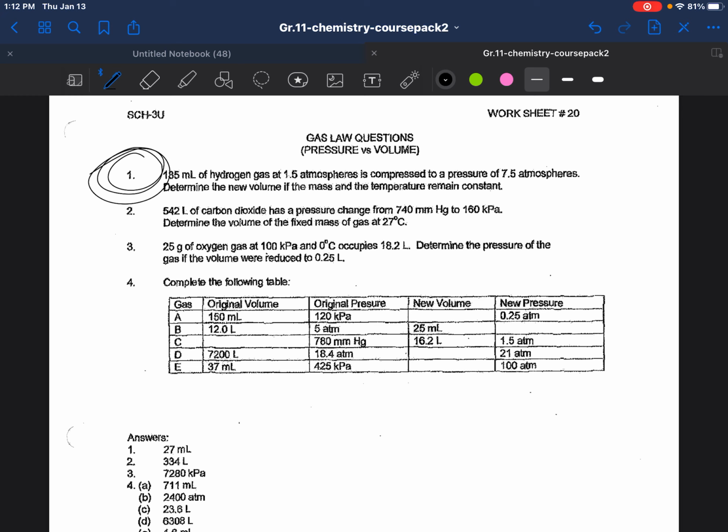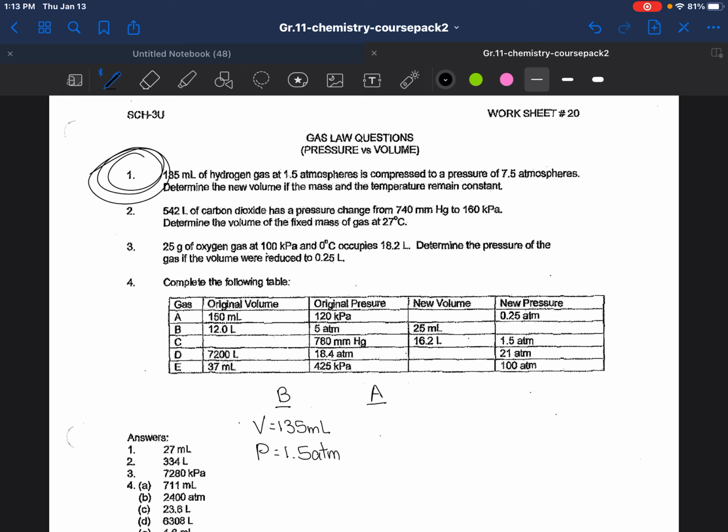So you have before and you have after, okay? Before, you have a volume of 135 milliliters. Now, am I going to change this to liters? You don't have to, and you'll see what I mean by that. And the pressure here is 1.5 atmospheres. What happens after?